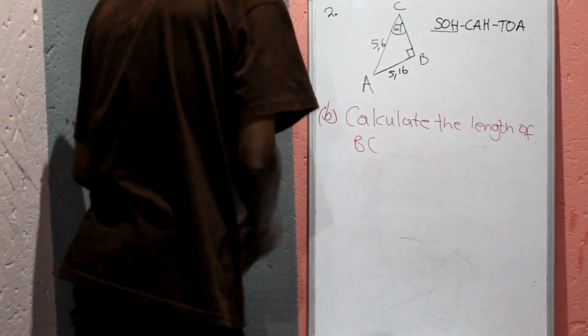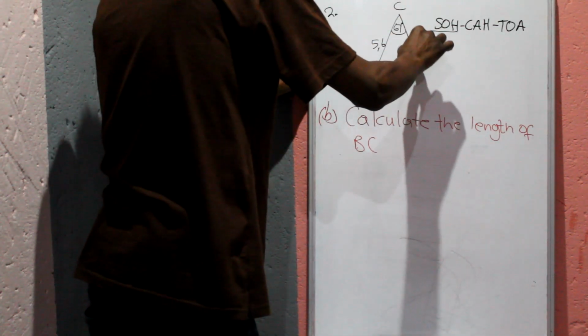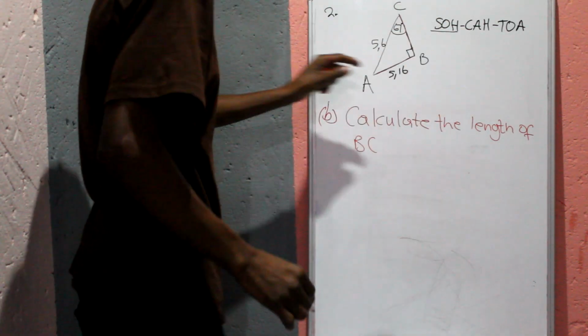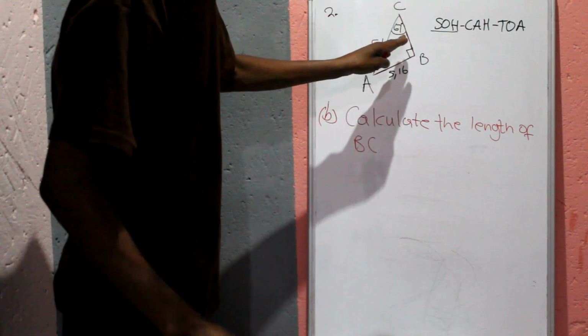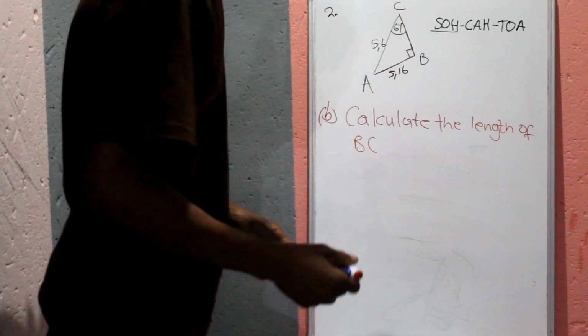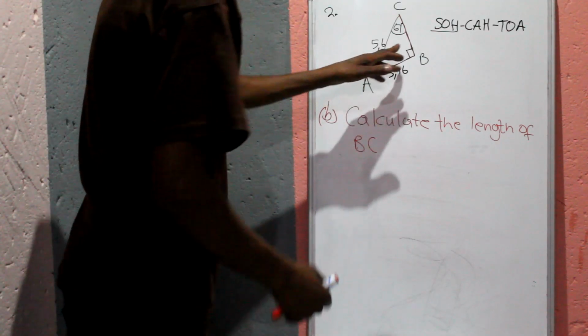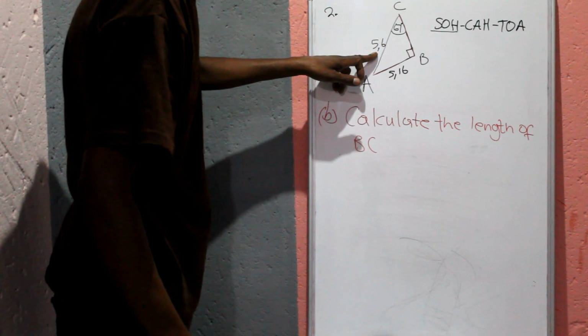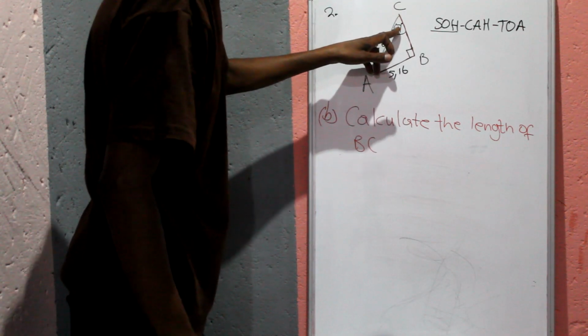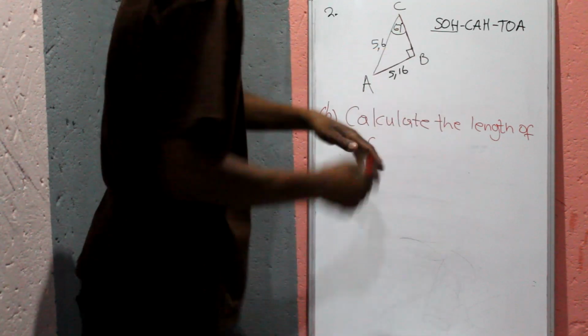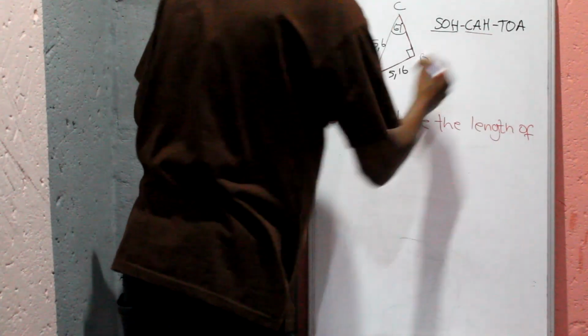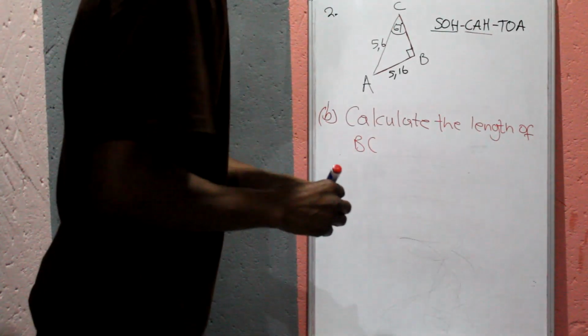That's now BC over there. And BC is actually adjacent to angle C, which is adjacent to 67 degrees. So that tells you that if you are given the hypotenuse and this angle and an adjacent side, that means you're going to use a cos function.